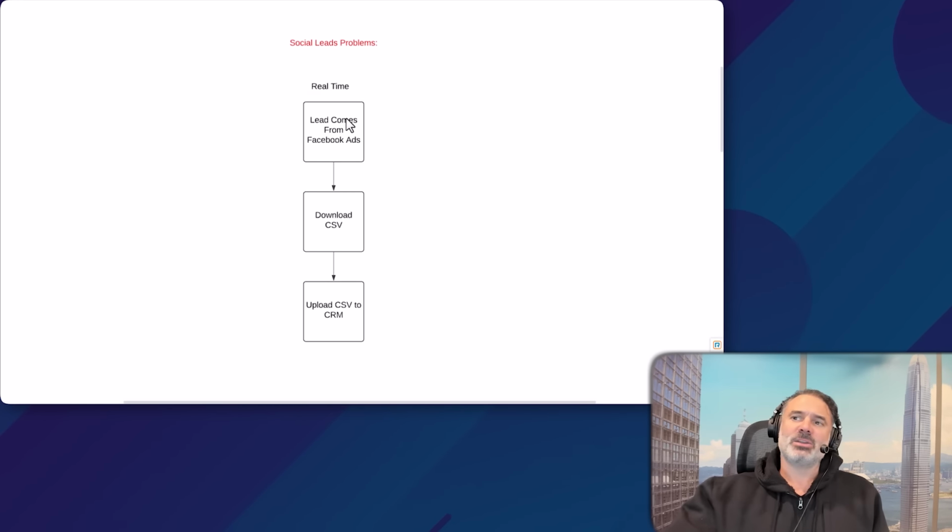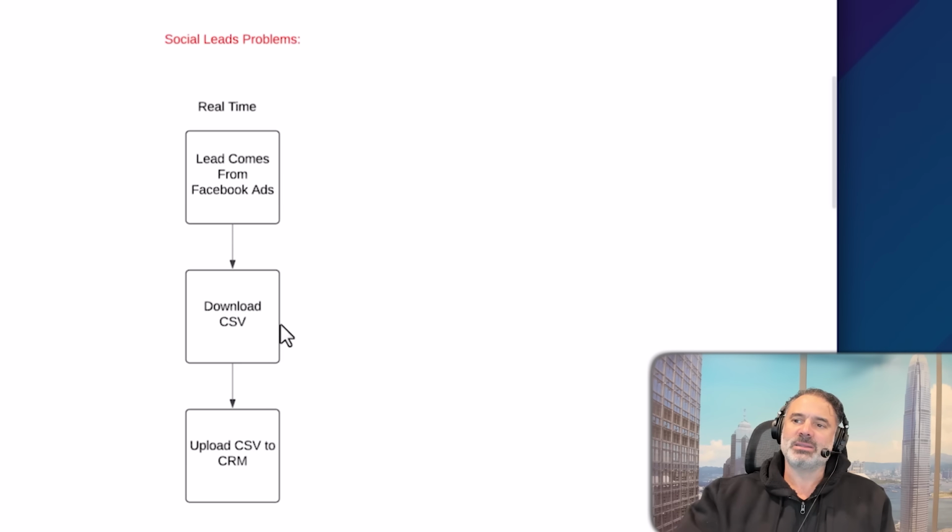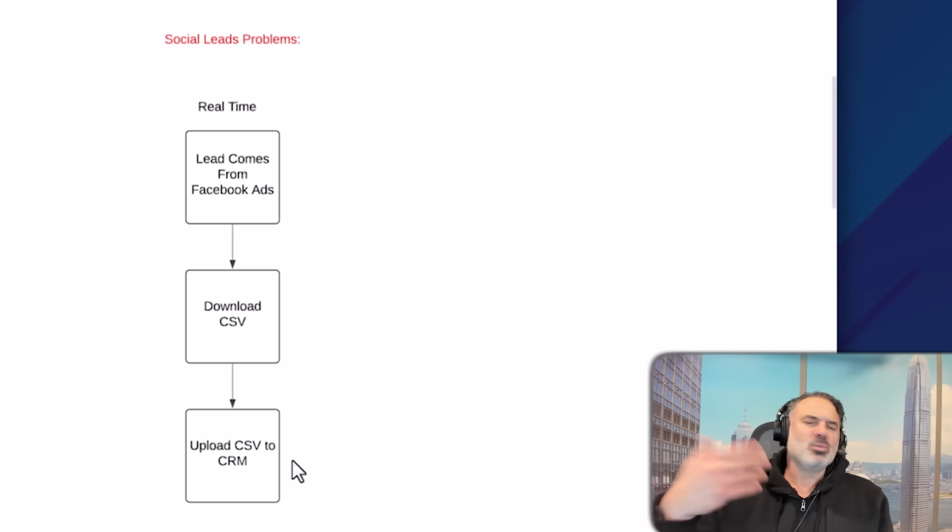Let's take a scenario that's currently happening. Let's assume with Facebook, it might be Instagram and so on. Leads coming from Facebook, and then the owner or one of the employees is supposed to go to Facebook and download a CSV with all the leads that came in a specific time, and then upload the same CSV to Zoho CRM or any other CRM, and then work on them.